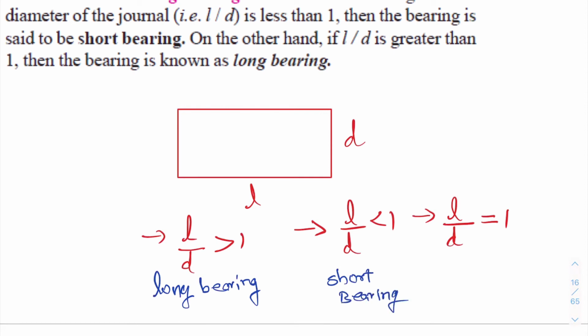And the third type, when L by D equals 1, that means obviously when length becomes equal to the diameter of the journal or shaft inside that bearing, we call this a square bearing. So these are the three types.